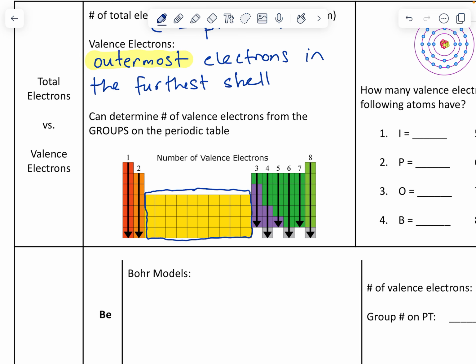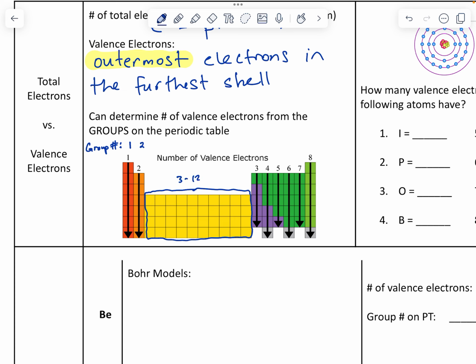But what we can see is that on our periodic tables, we have group number 1. Group number 1 corresponds with the first column, and we say groups instead of columns just to differentiate those. We get 2, and then you see we get 3 through 12 right here.